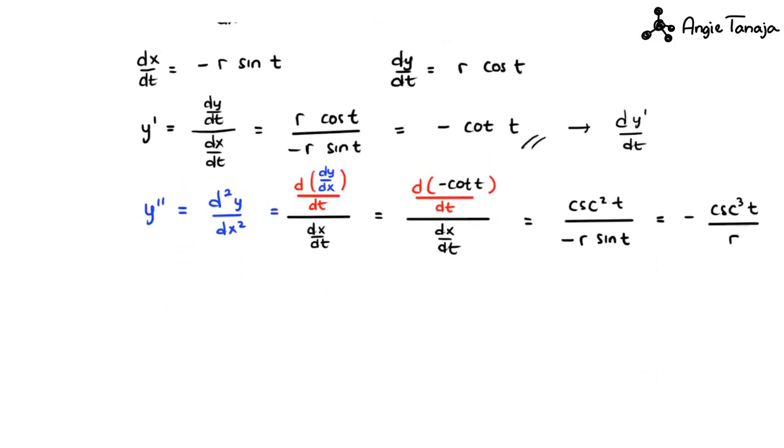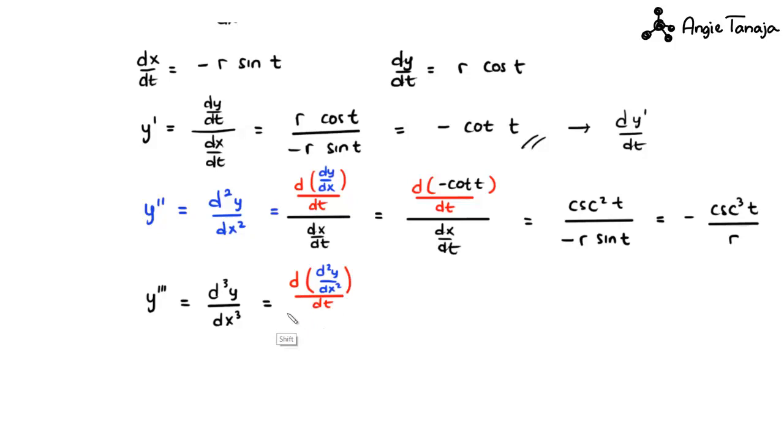So maybe you also ask, how about the third derivative, y triple prime? Then it will have the same pattern. The symbol is d cubed y over dx cubed. To find this, you have to find the derivative of the second derivative, but you do the derivative with respect to t.